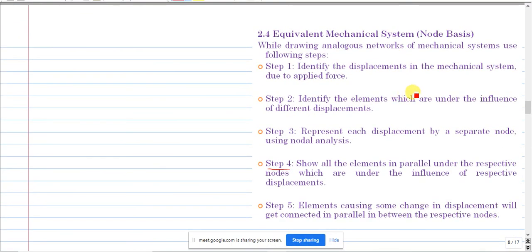Now, please pay attention here. This is where you will understand how to write a nodal diagram of a given mechanical system.